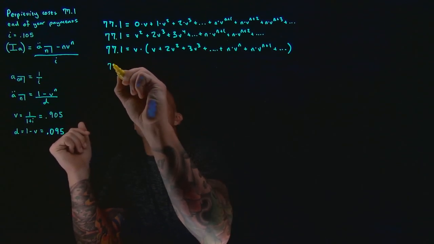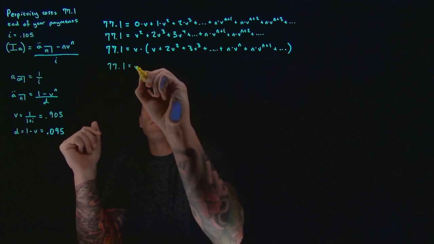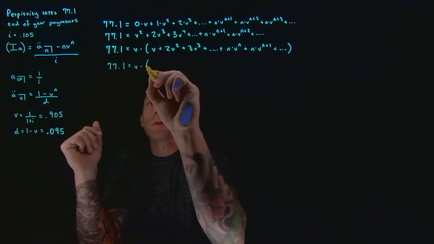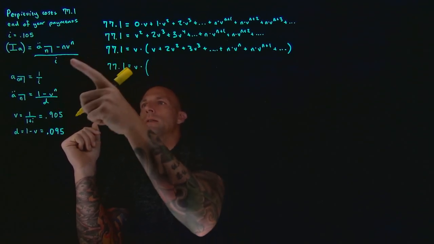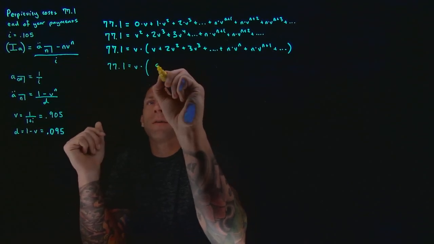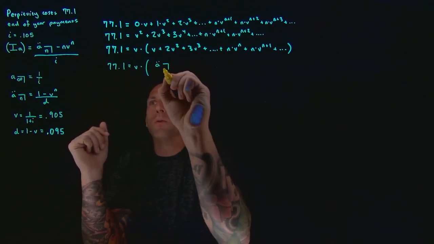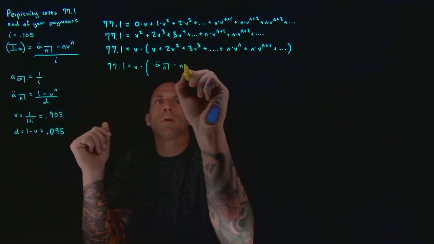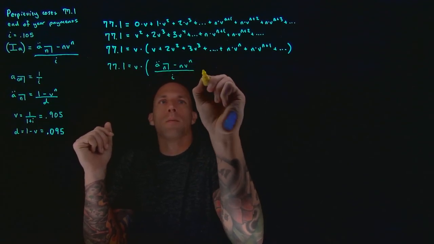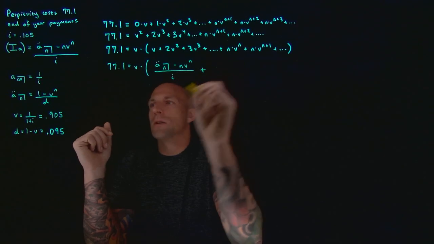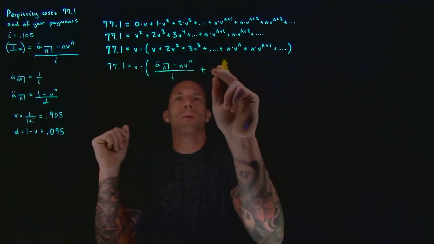So 77.1 will be equal to v times my increasing annuity, which is given by this formula here, which has an annuity due baked into it. So there's my increasing annuity, and then I'm going to add on my constant perpetuity.